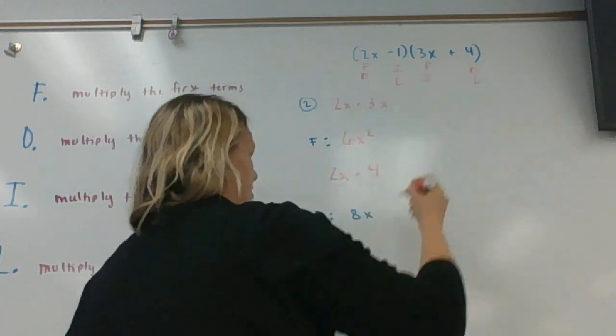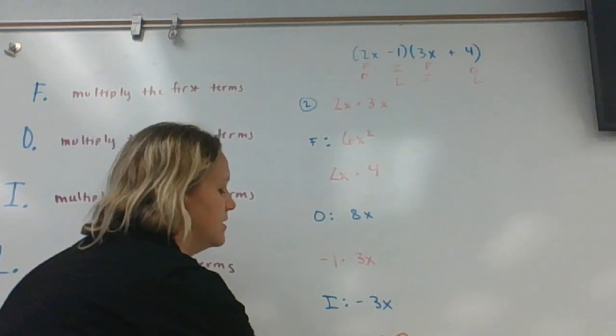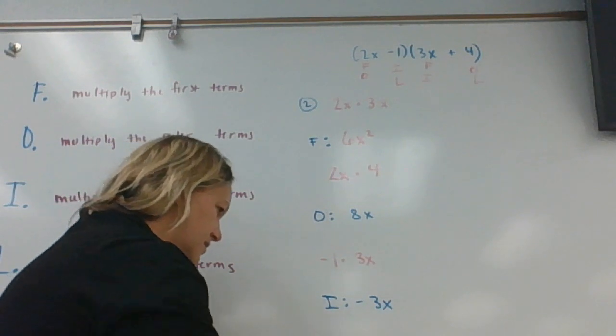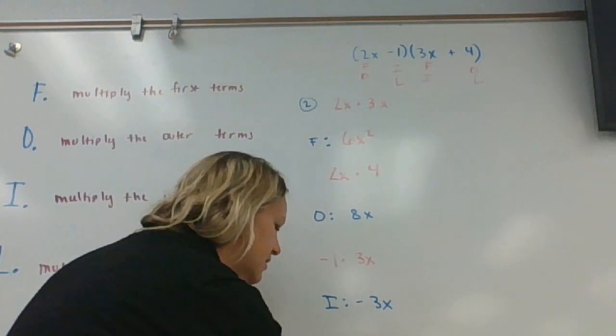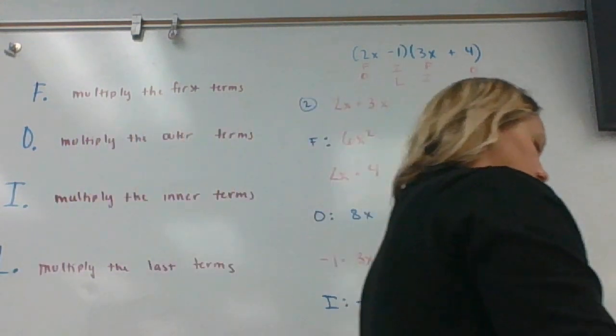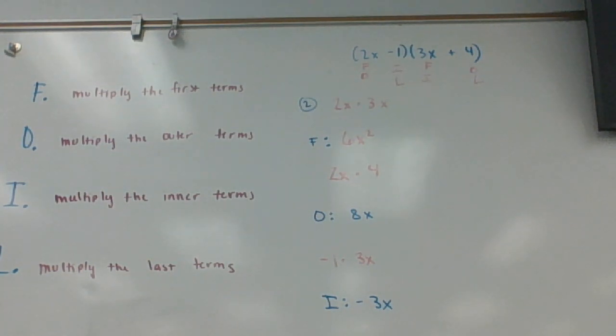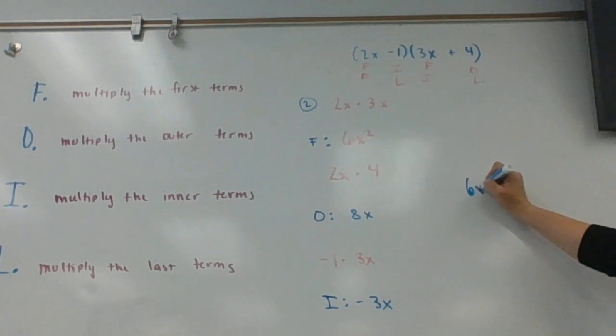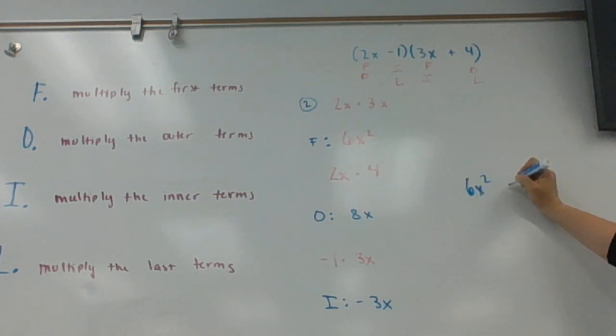Last and last. Okay, so that's how we practice the first, the outer, the inner, the last. Put it all together. 6x squared plus 8x minus 3x minus 4.